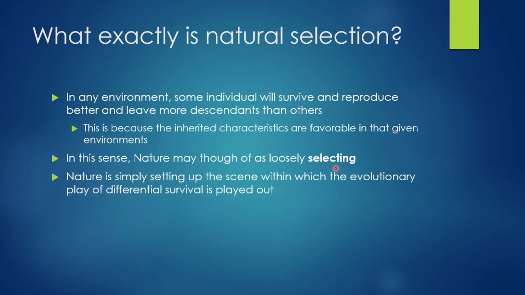So going back to the example a while ago, the characteristics of cold tolerant genes would not be exactly favorable in warmer climates because you won't really need to be tolerant to the cold in, let's say, the desert.